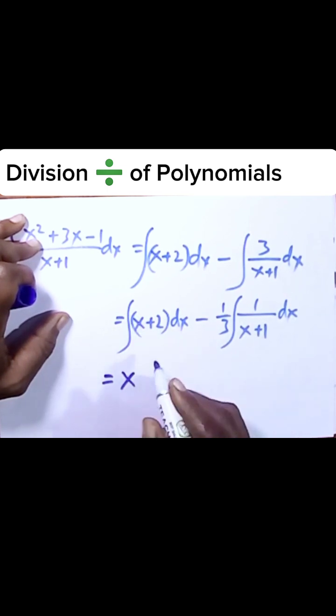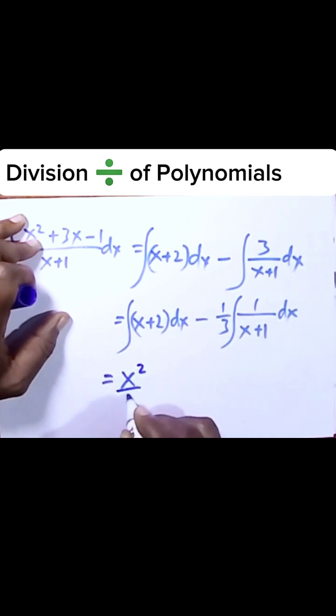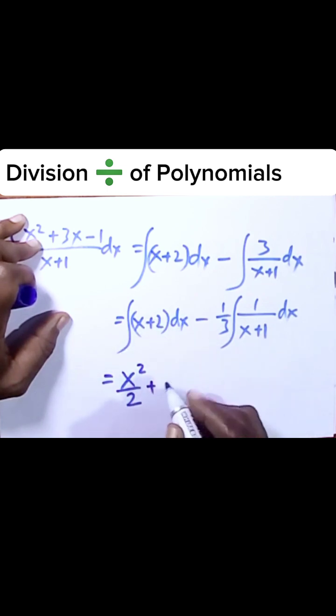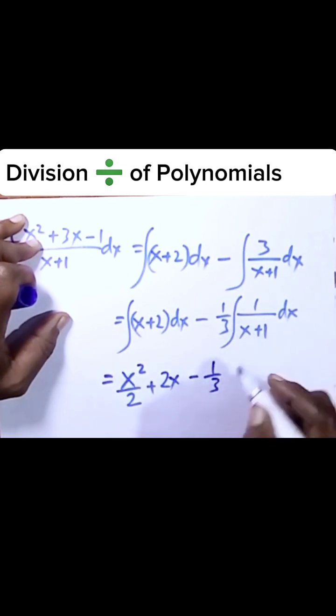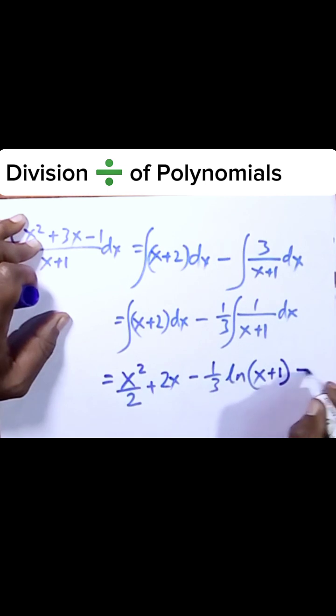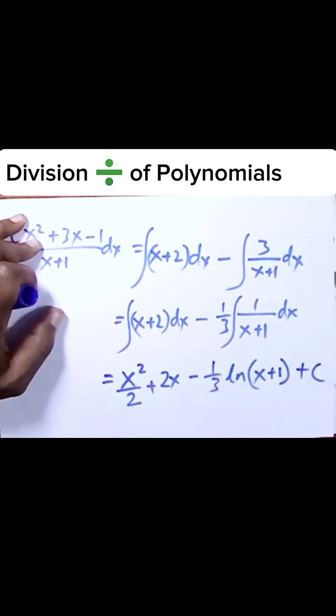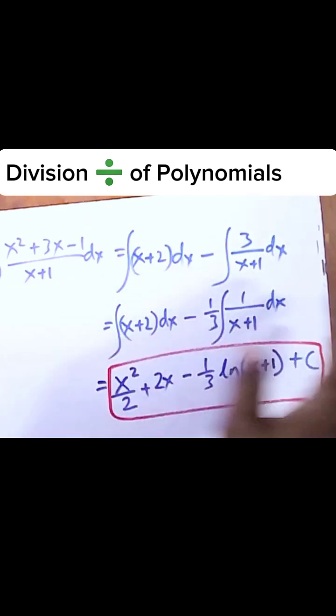So this will now be x raised to power 1 plus 1, which is 2, all over 2, plus this will now be 2x, minus 1 over 3 natural logarithm of x plus 1 plus our constant of integration. So that's it. We've got our answer. This is the integral of this expression here.